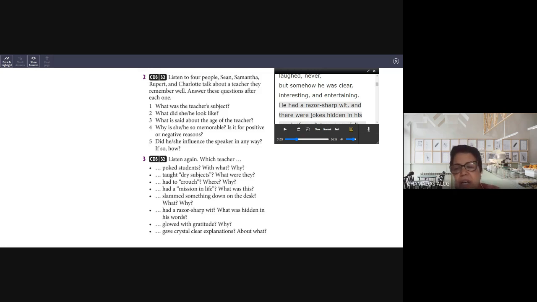So you can use a razor or you can use an electric razor. Nowadays, people use electric razors. So a razor sharp is something that really cuts, something that cuts well, okay?